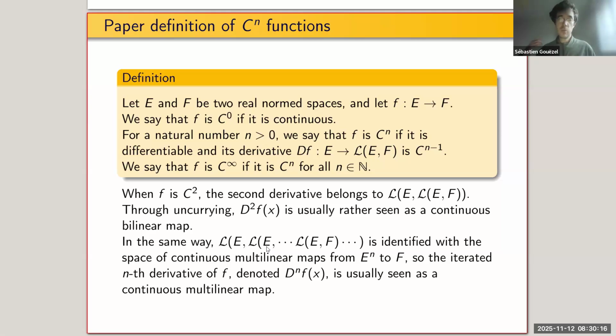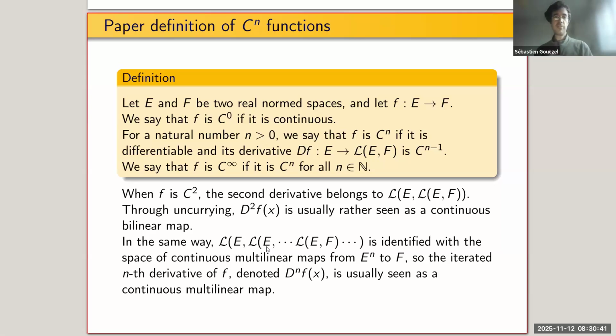But the intuition we want to have is really, not just the intuition, the formalization. We want to see the nth derivative as a continuous multilinear map, just to be able to use them, to write formulas, to feed them vectors, and let them spit out some vector in the target space. So that's what we want to have, and that's what we will get.